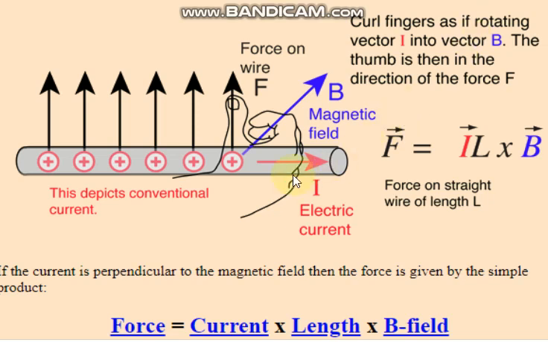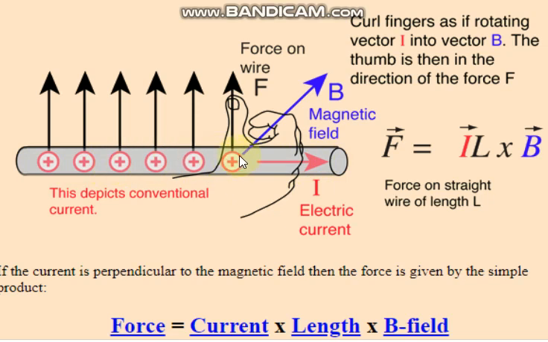Now let's see what would be the direction of this magnetic force acting on the current carrying wire. If the current in the wire is in this direction, and remember that this is the direction of the conventional current.